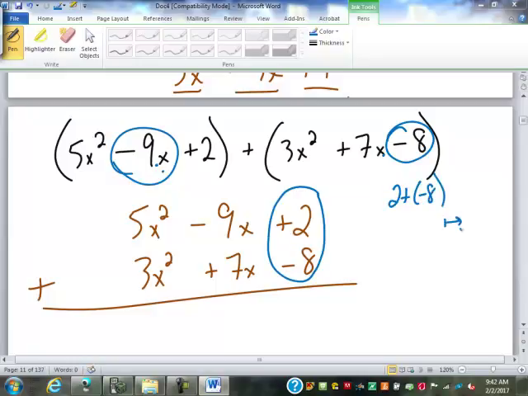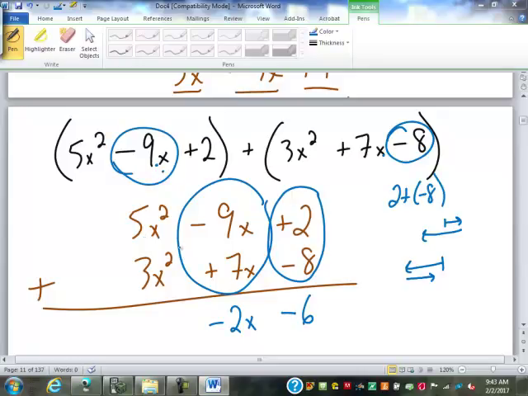So positive 2 and a negative 8 makes negative 6. This is negative 9 plus 7. So negative 9, positive 7, negative 2x. 5x squared plus 3x squared, 8x squared. Any questions? Okay.